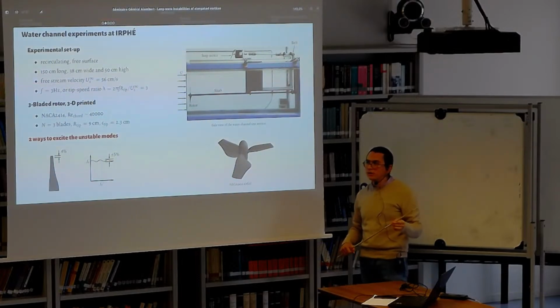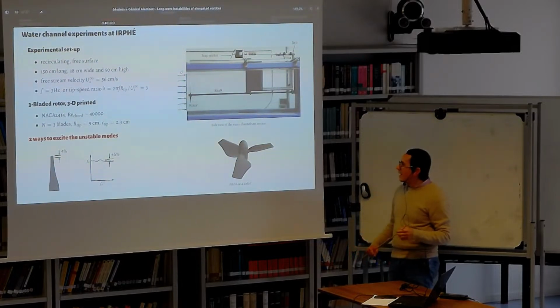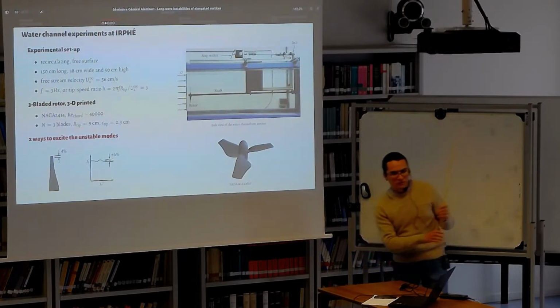The profile is roughly the same, and the circulation of the tip vortex is also roughly the same. It doesn't change that much. This was done on purpose, because that way we can isolate the effects and we can compare different models.